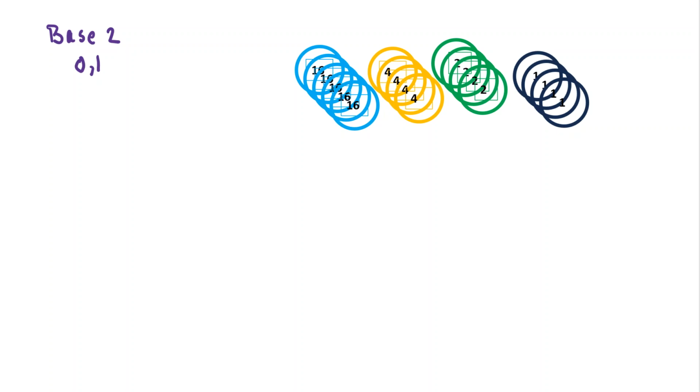But my digits are going to work like this. I've got a 1s place. Because I'm in base 2, I'm going to multiply by 2. So this will be my 2s place. Again, I'm going to multiply by 2. This would be my 4s place. And again, I multiply by 2. That would give me an 8s place and a 16s place, and so forth.